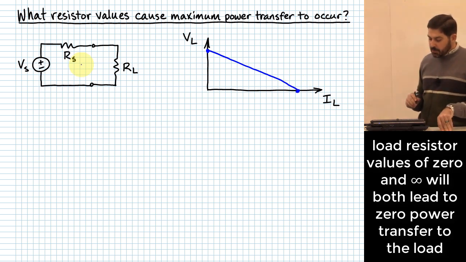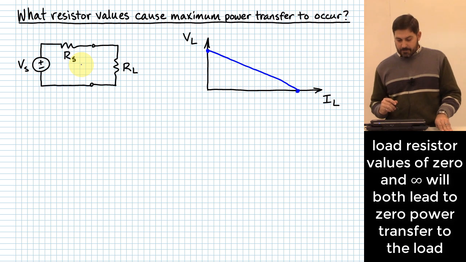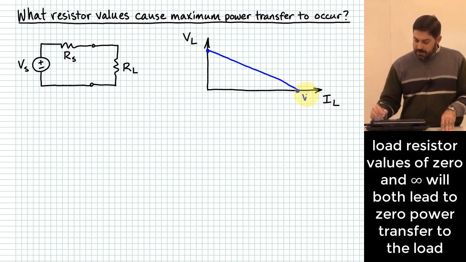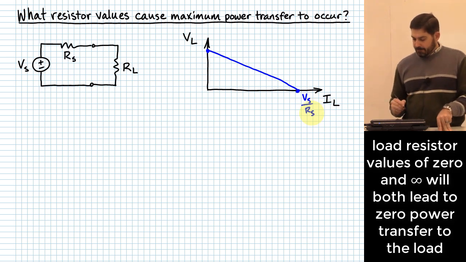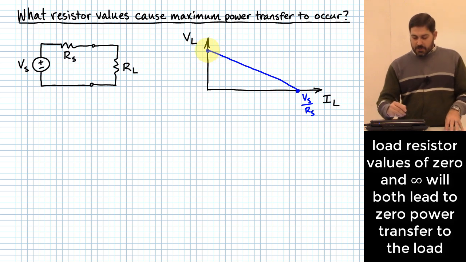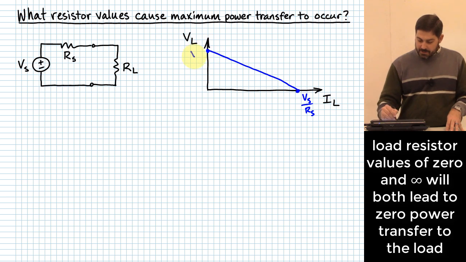If you have 0 for RL, it means that VL is going to be 0, and I is just going to be equal to Vs over Rs. And what happens if you have RL going infinite? It means you have 0 current, right? You'll be up here on this end of the curve, and you are going to have a voltage that is just going to be Vs.